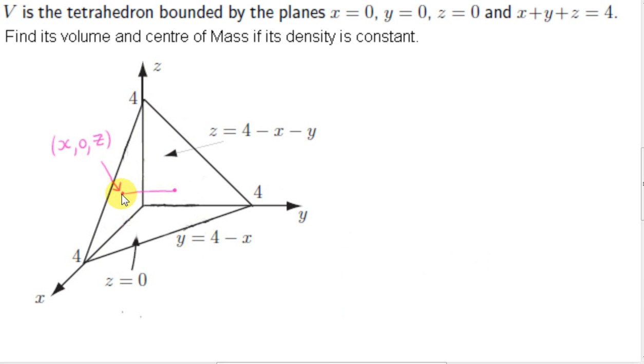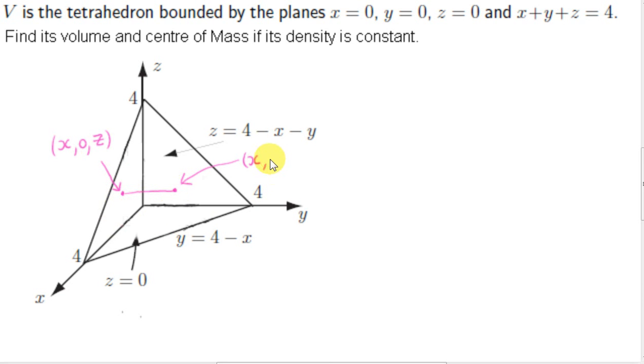Well, we know the coordinates of this point. The y value is 0. Okay, it's a point in the xz plane, but x and z can be anything we like, as long, of course, as the point is in this face. We'll get back to that. Now we want the z value of this point to be the same as the z value of this point, because this line is parallel to the y-axis. Okay, so both of these points are the same distance above the xy plane.